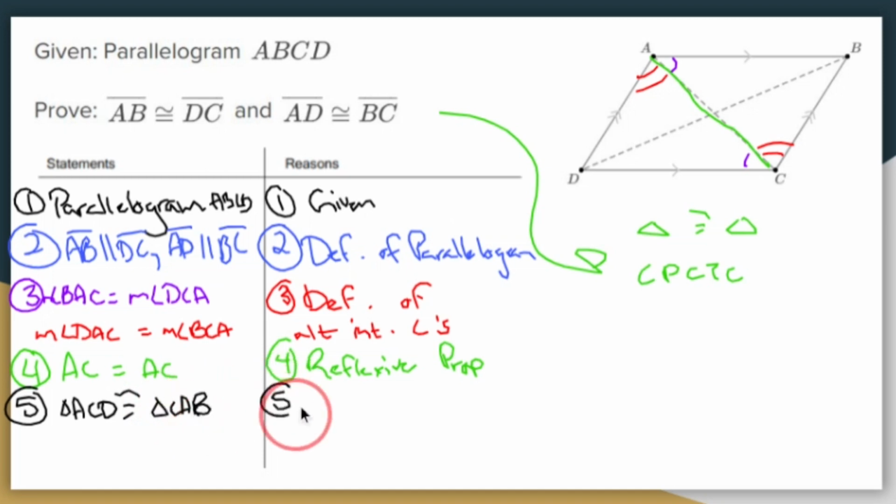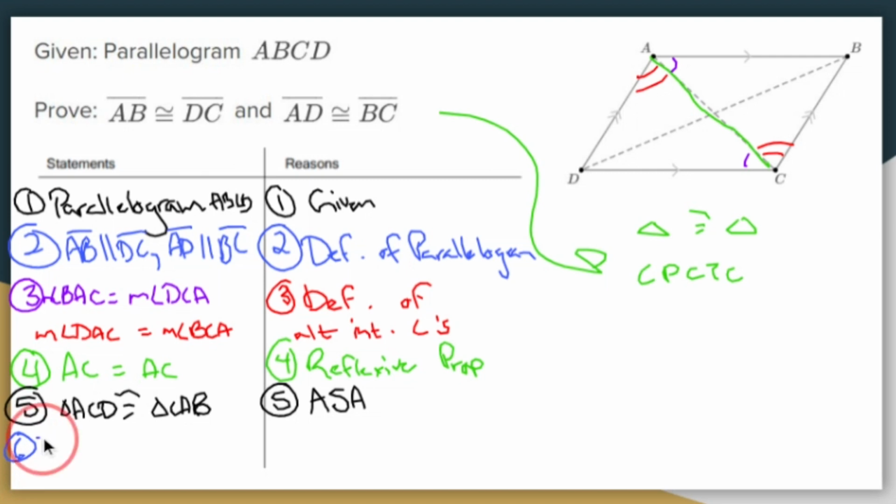And that is ASA. And since these guys are completely congruent, now we could say AD is congruent to BC, boop, and AB is congruent to DC, so that'll be our last step.